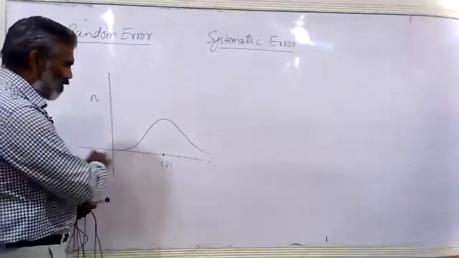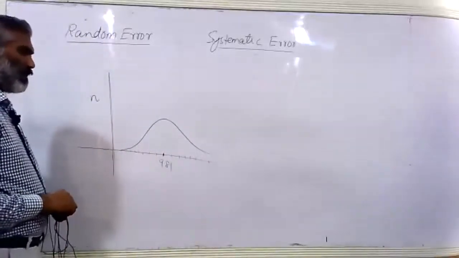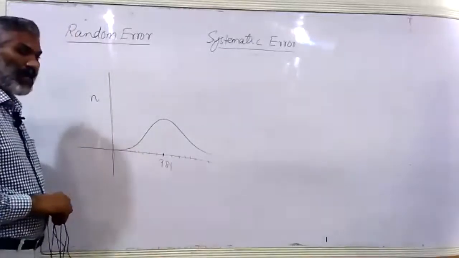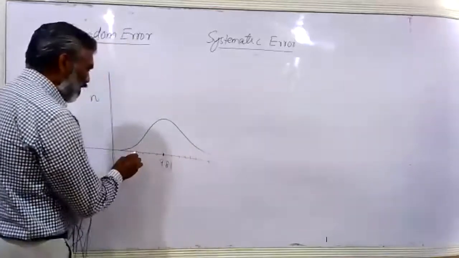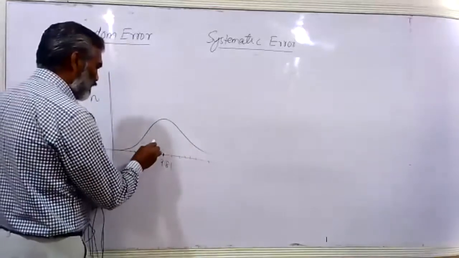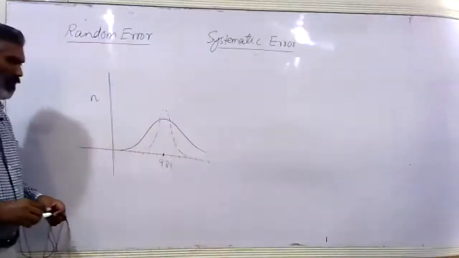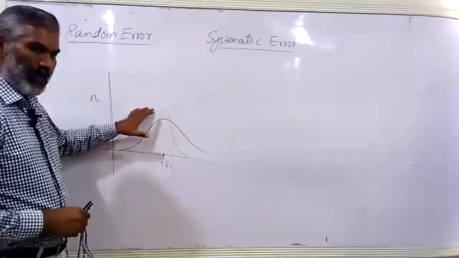So a graph of this shape shows that this is not a very accurate experiment. It has a large random error. But if the shape of this graph appears to be this, that means this is a small random error now.